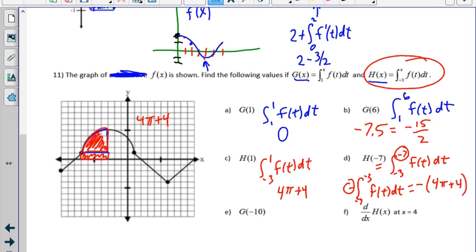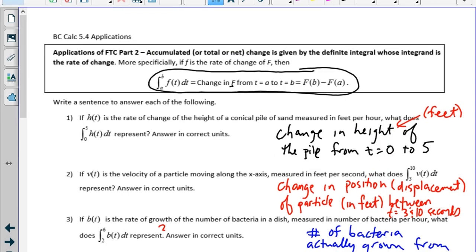So this is our first case where we're getting a negative answer for things that are above the axis. That happens when we have an integral from, let's say, -3 to -7. We're actually accumulating area backwards. That's a little bit complicated, but let's think about what's happening by going back to the original idea we were talking about, accumulated net change.